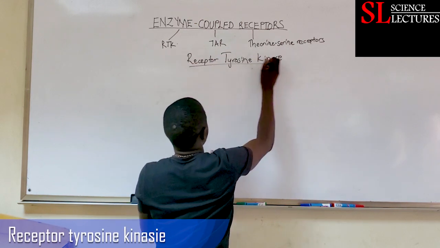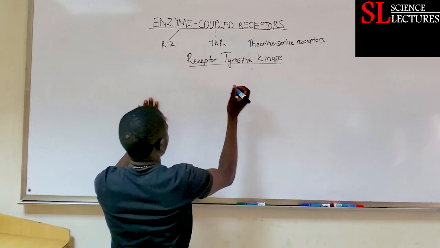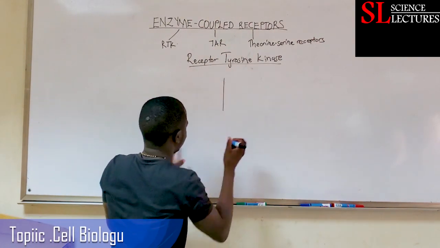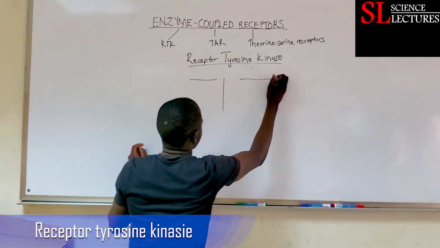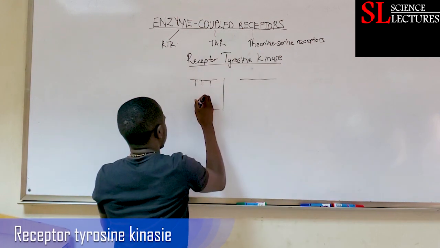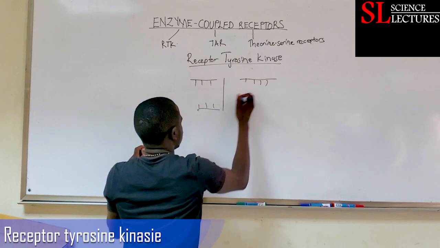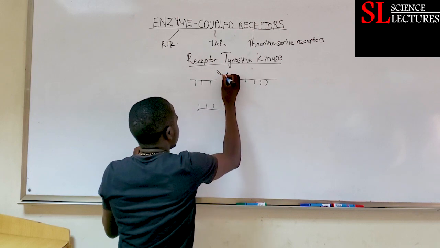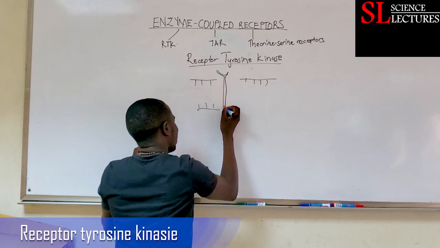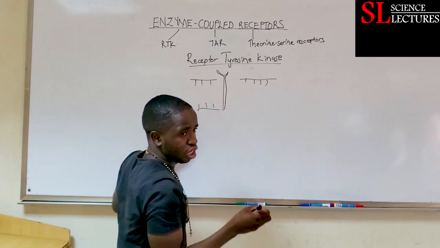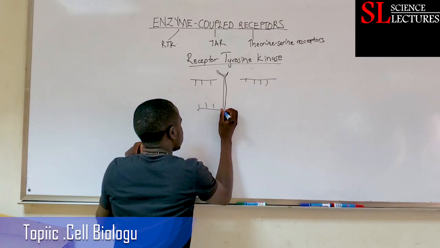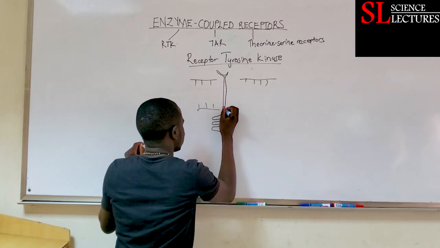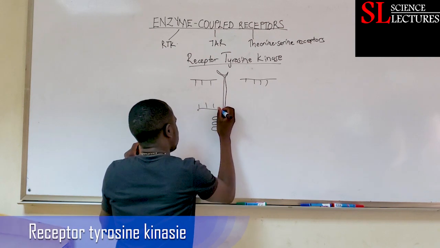So if I try to sketch the ultrastructure, it would look like this. This is my cell membrane. On its surface it has a receptor, then it has an alpha helical structure, then it also has tyrosine proteins on its intracellular side.